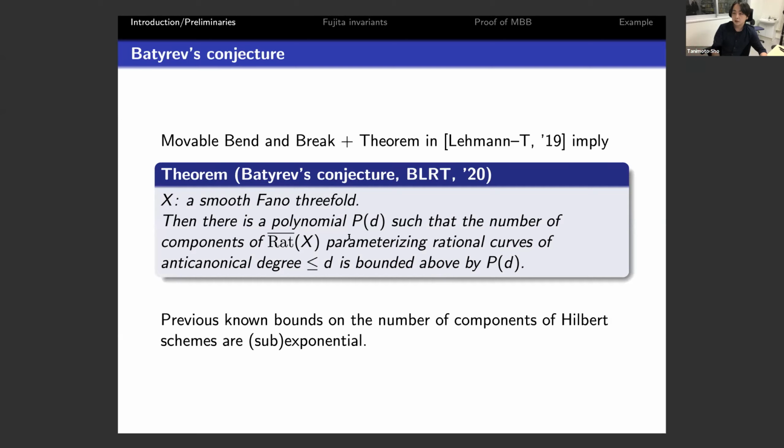But our theorem doesn't give any specific growth or degree, or any information on it. Okay.